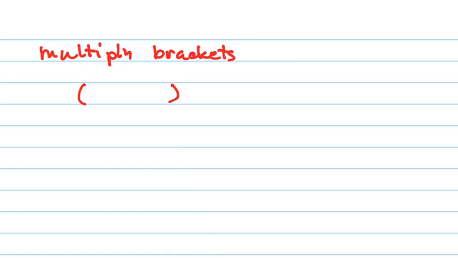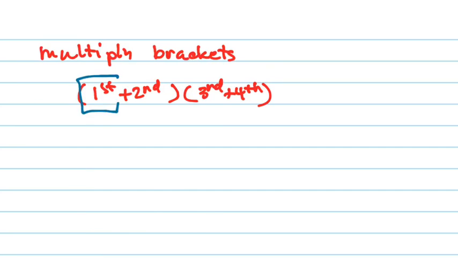So, we're multiplying brackets. And so we're just going to take everything in the first one times everything in the second one, in order. In other words, this is the first term.